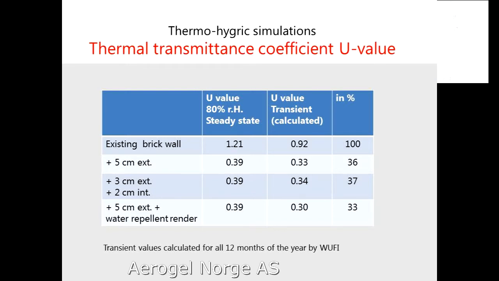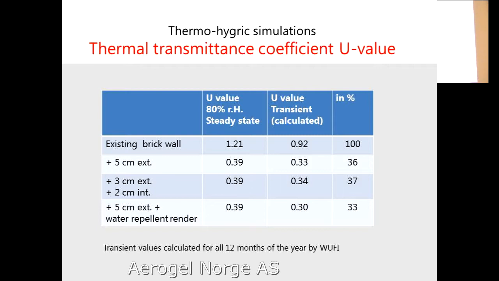These two do not make a big change in the steady state, because it's the sum of the insulation thickness that makes a change. But here and here too, these three where it's the steady state, you don't see any changes because it doesn't take into account the moisture effect.